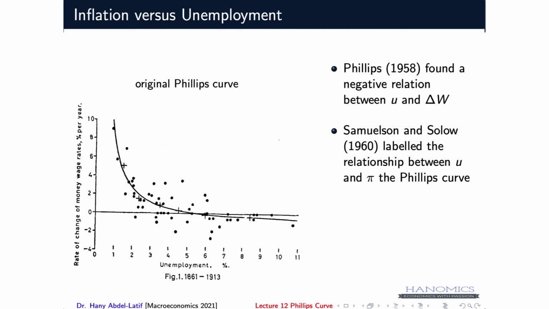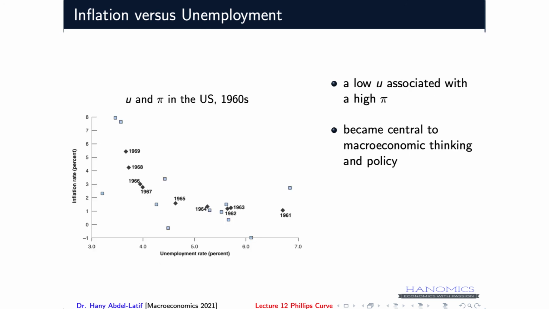But this was the original relationship for UK data, and we also compared this with the US data, which showed a similar trend. Just remember, this was data from the 1960s, but then the whole relationship broke down in the 1970s because of the stagflation we saw, where both the inflation rate and the unemployment rate were high.